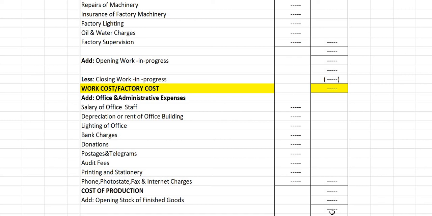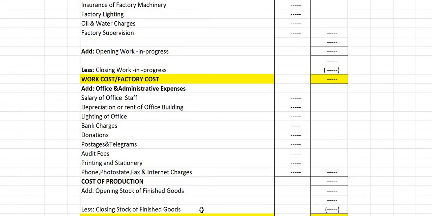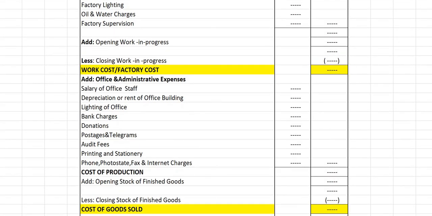But it is not a guarantee that whatever goods there are in the godown, we are going to sell. There can be some goods which remain unsold in the godown. If some goods are still there in the godown and you are not able to sell them, we name it as closing stock of finished goods. And we have to subtract that closing stock of finished goods from this total. Once we subtract it, we get cost of goods sold.